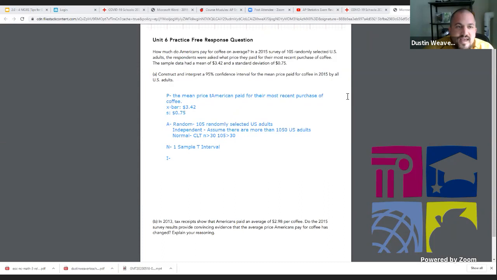The problem asks us for a 95% confidence interval. We had 105 as our n. So we get 3.2749 to 3.5651. So let's say 3.27 to 3.57 if we round to 2 decimal places.